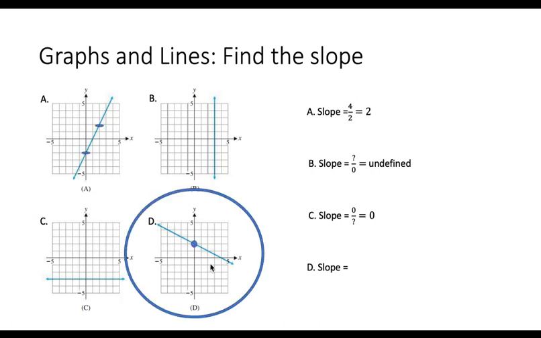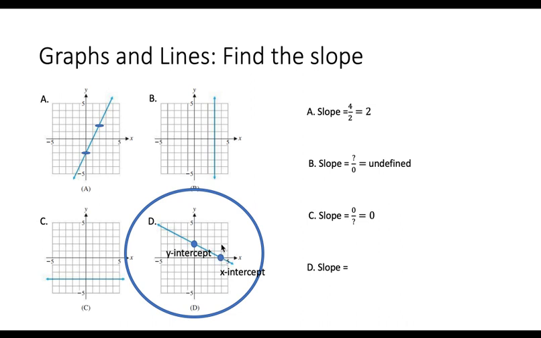Now, first I found these 2 points. Now I want to talk about these 2 points because we're going to talk about them in the next couple slides. These 2 points have special names. This point here that is on the x-axis is called the x-intercept, and the point here on the y-axis is called the y-intercept. Anyway, just pointing out what the intercepts are. So let's find the slope.